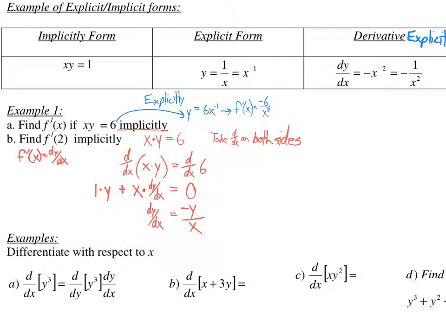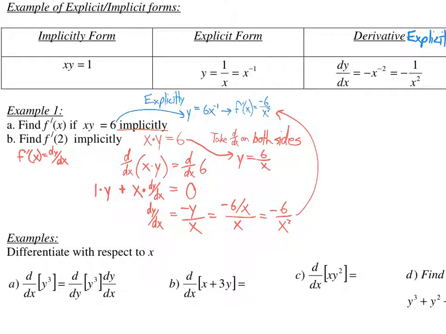Well, what is y? y equals 6 over x, right? So if I wanted to, I could make this a negative 6 over x squared, just to make it match up with what it was up here.